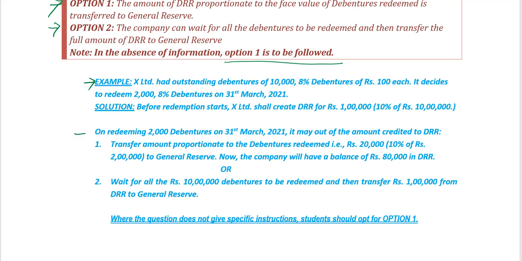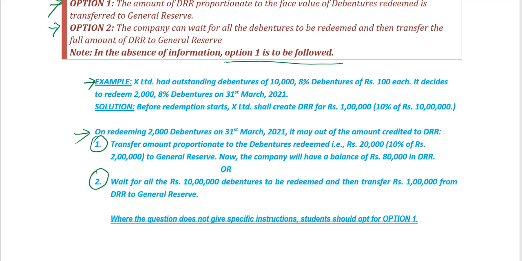Now, on redeeming the 2,000 debentures on 31st March 2021, it may, out of the amount which is credited to DRR, in option 1, transfer the amount proportionate to the debentures redeemed, that is rupees 20,000, 10% of rupees 2 lakh face value redeemed, to General Reserve, and then the company will have a balance of rupees 80,000 in DRR.